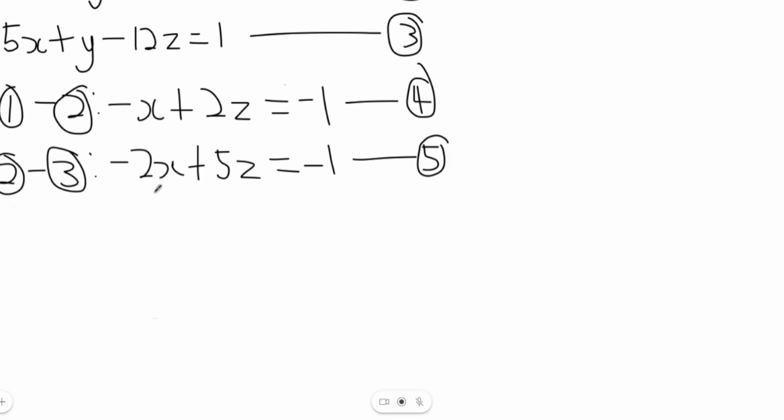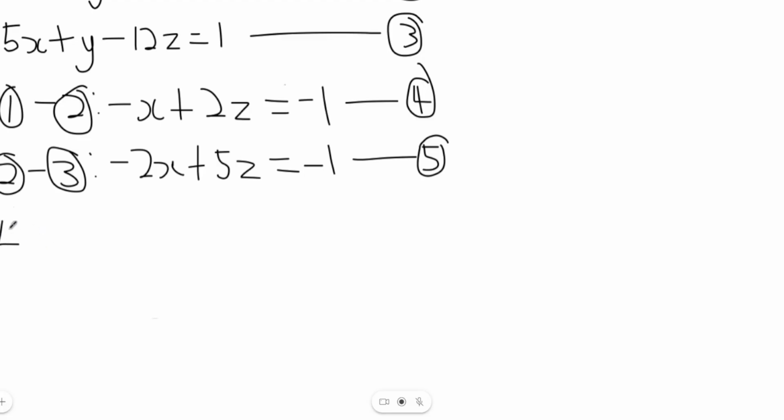I'm going to let you think for the answer. You can try pausing the video if you want to. Now, the way to make the values the same is to multiply, or times, the whole equation of 4 by 2. So that we get negative 2x here, and then we get 4z, and we get negative 2 here.